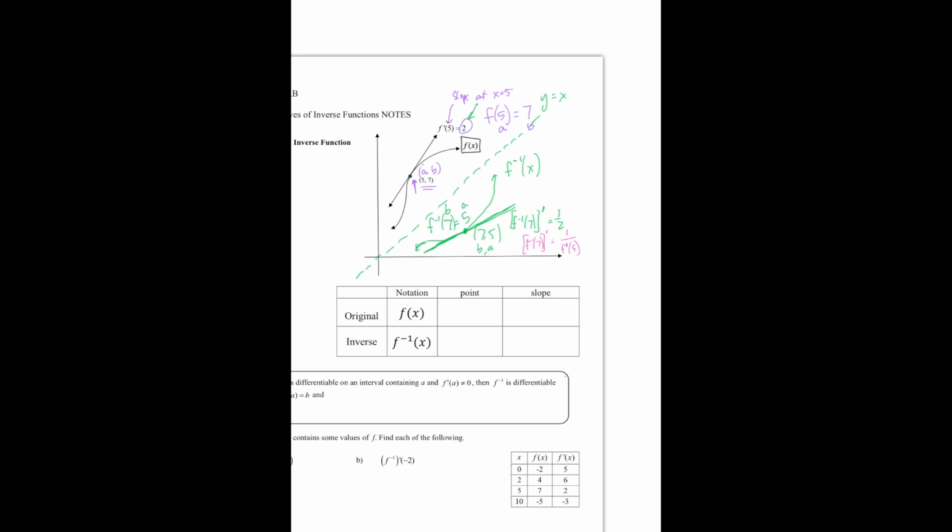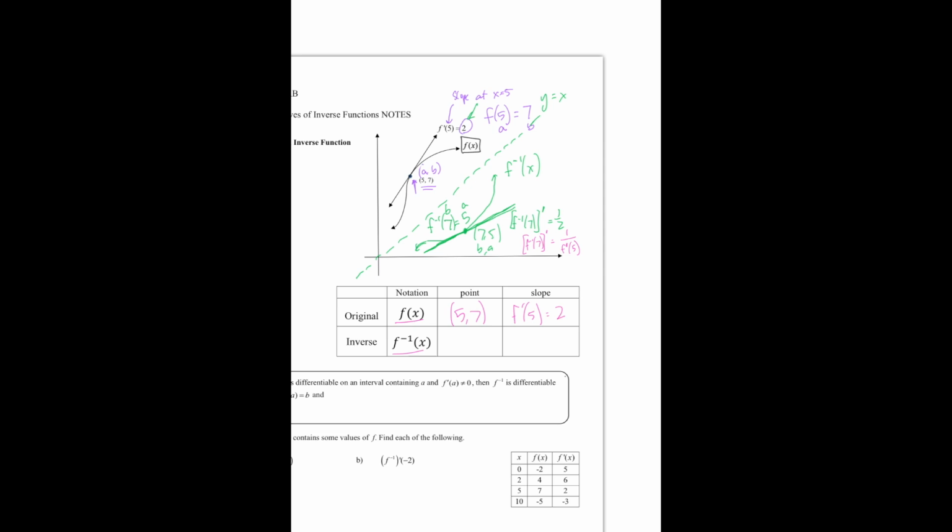Okay, so let's fill in this chart. Because again, this is probably the 80 millionth time you've heard me say the word notation. But this notation and this notation are important. So on this chart, the point was (5, 7), and the slope at 5 was 2.